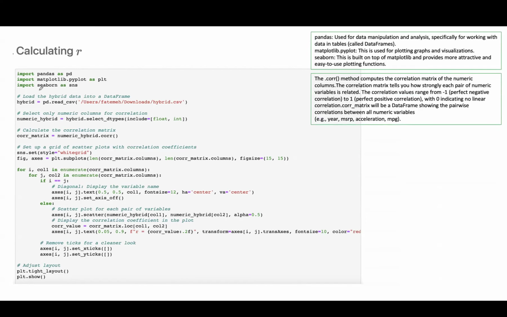We are using .corr, which is basically the correlation coefficient method, to find a correlation coefficient for us.